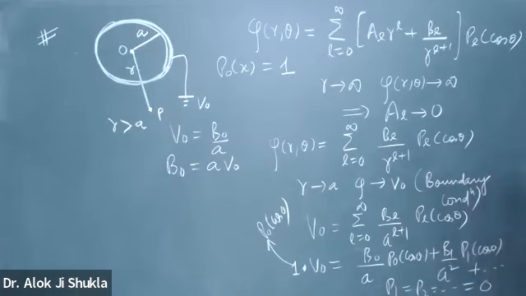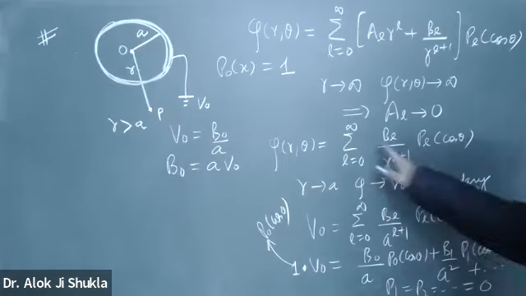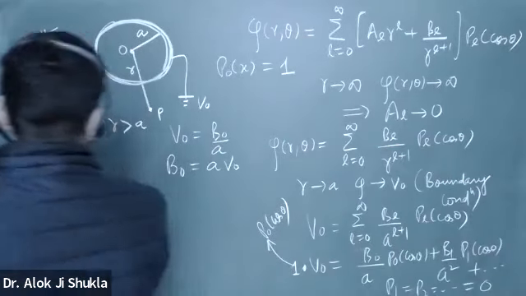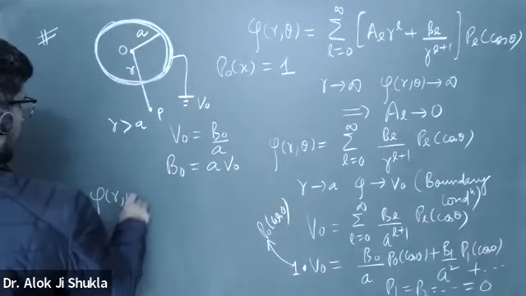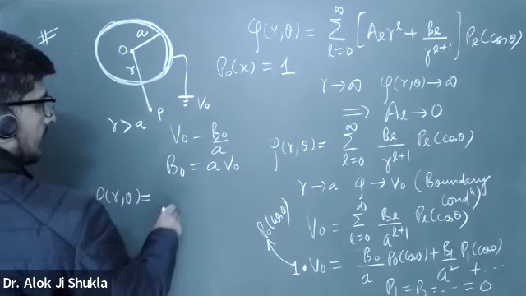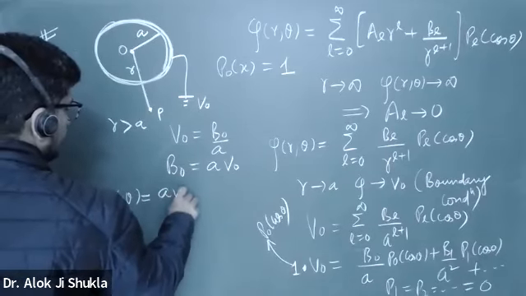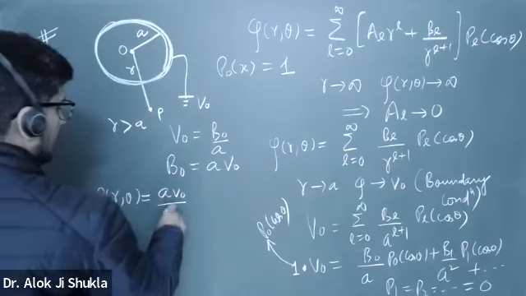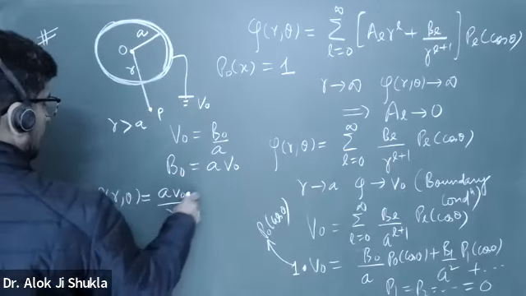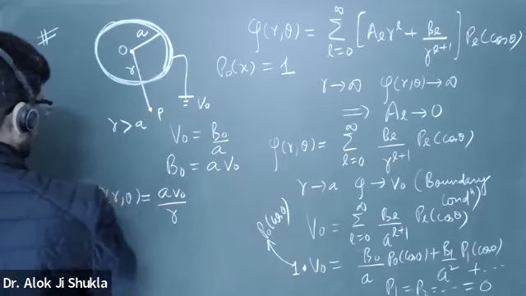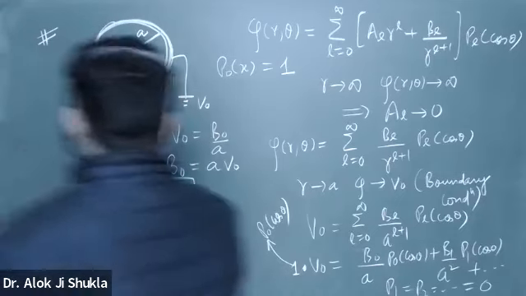All of them will become 0. So now again, if you put it here with only one term, phi r theta will become A V naught by R and P naught cos theta, which is 1. So this is the potential.